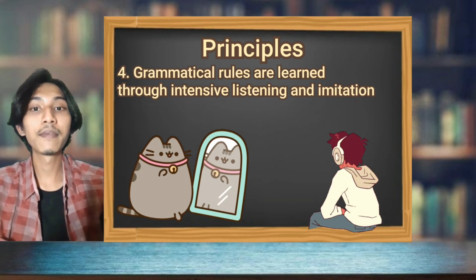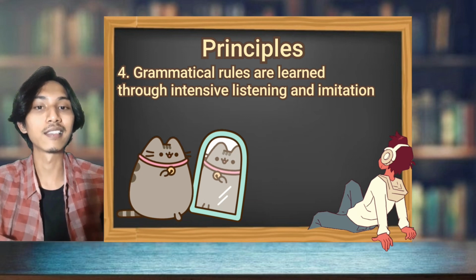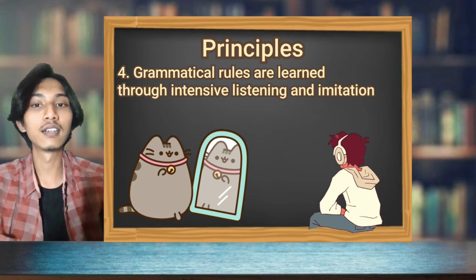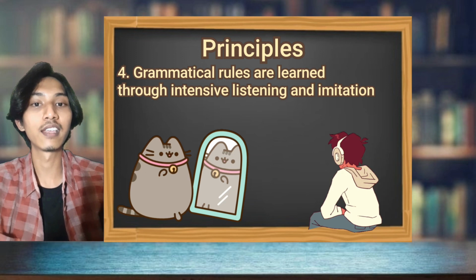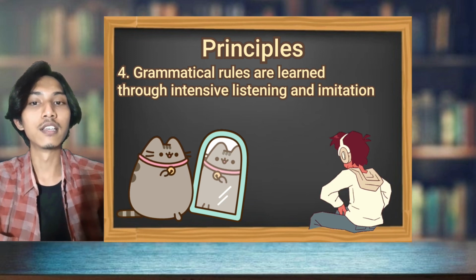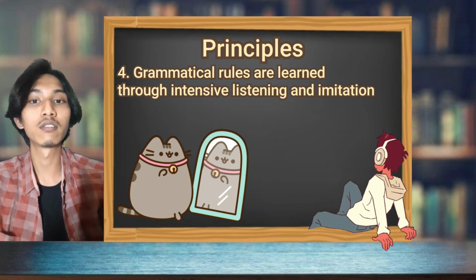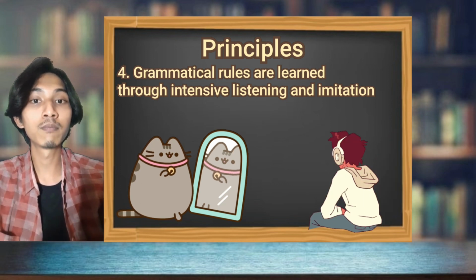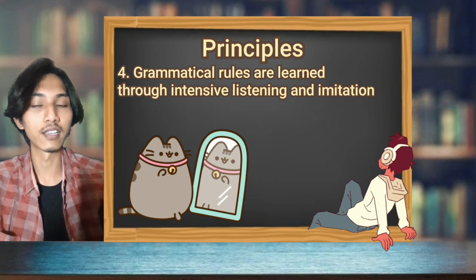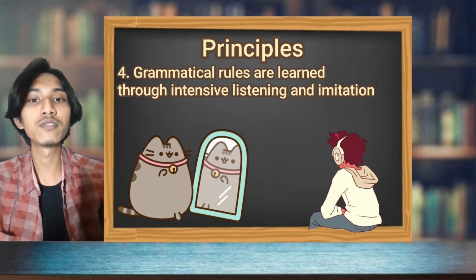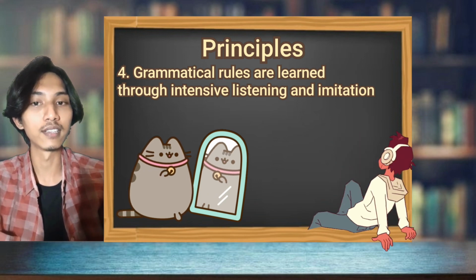Fourth, grammatical rules were not explicitly taught, but rather learned through intensive listening and imitation. Thus, memorizing conjugation and rules of grammar is not prioritized, given the importance of speech and oral skills. New teaching points were introduced and discussed orally.